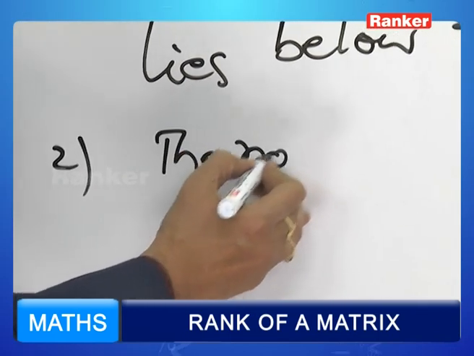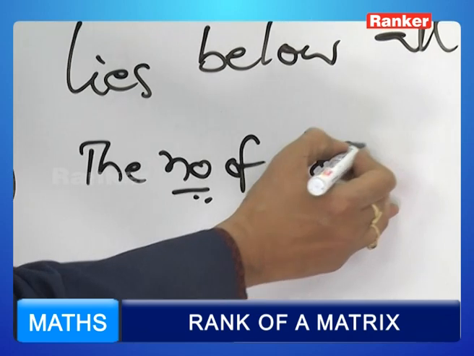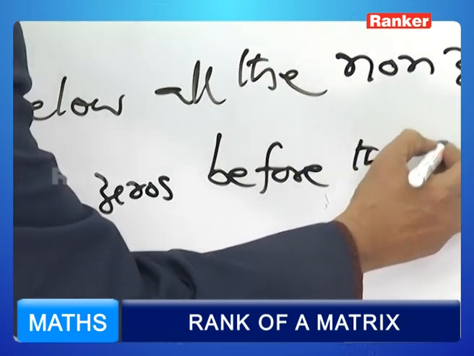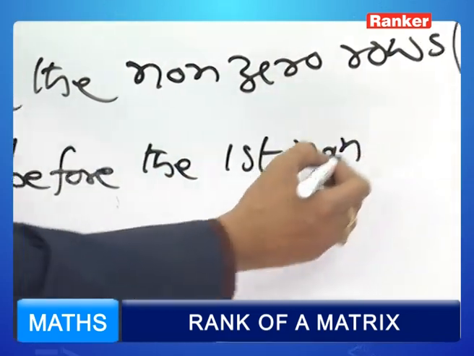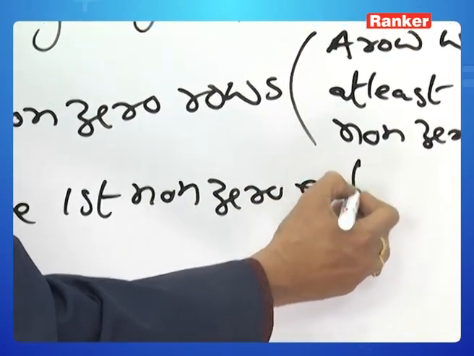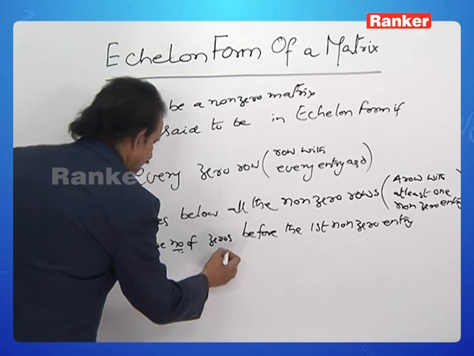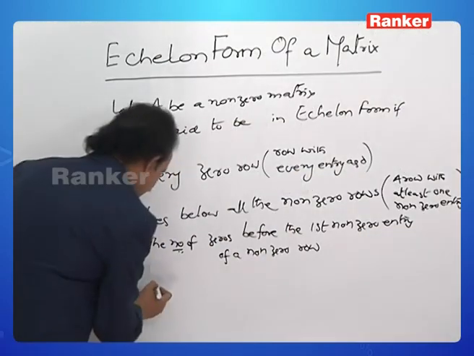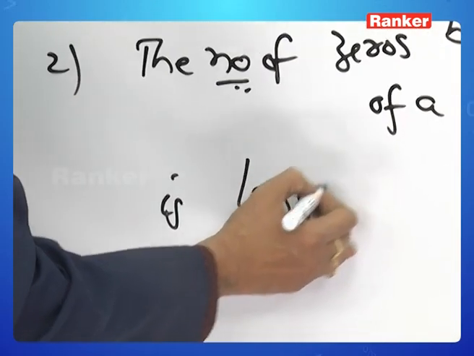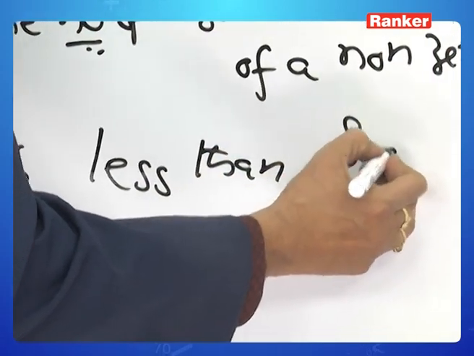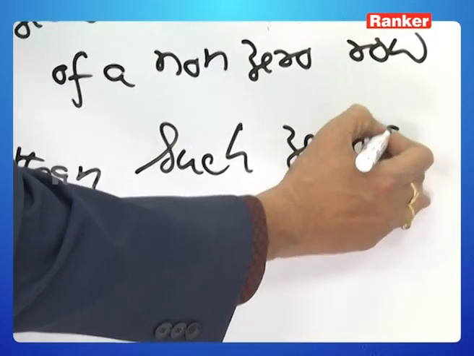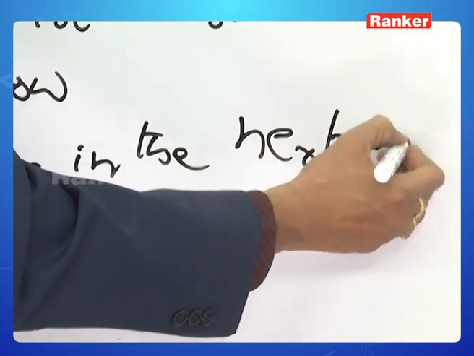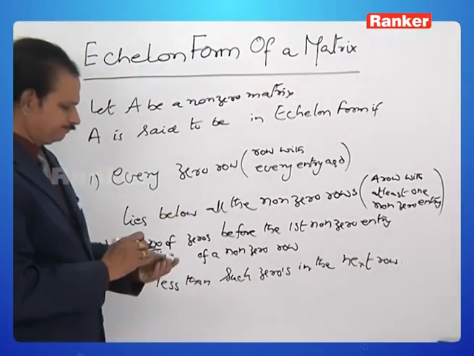The number of zeros before the first non-zero entry of a non-zero row is less than such zeros in the next row. That's all. Only two.